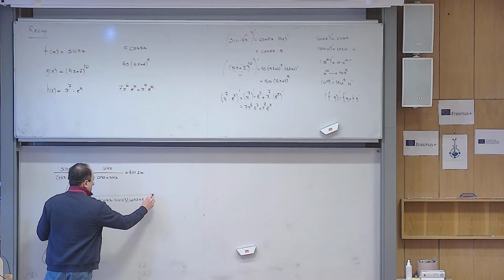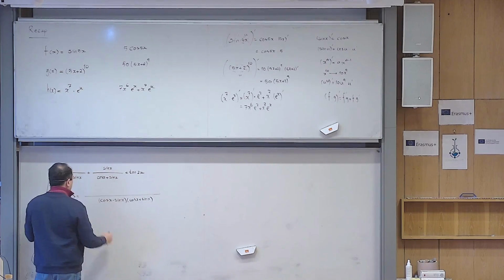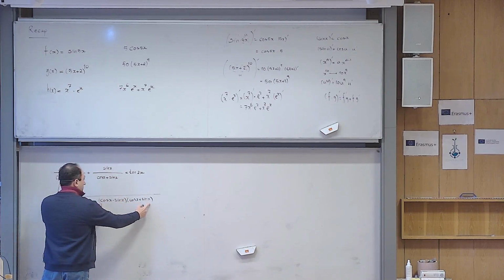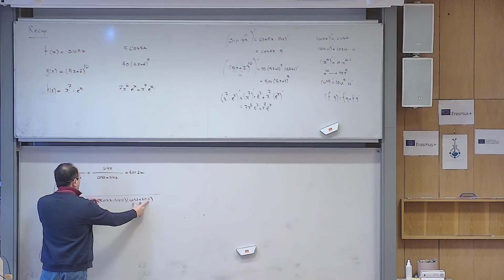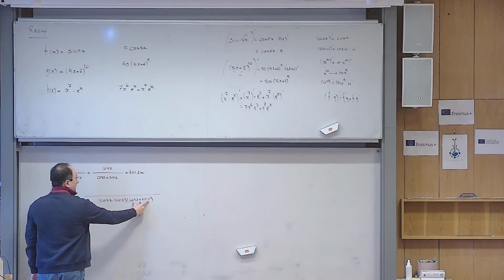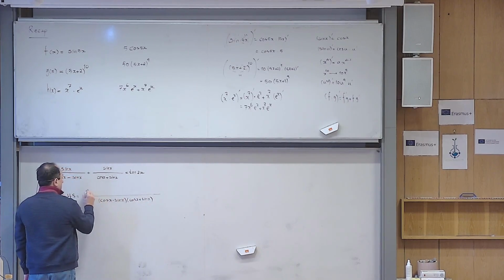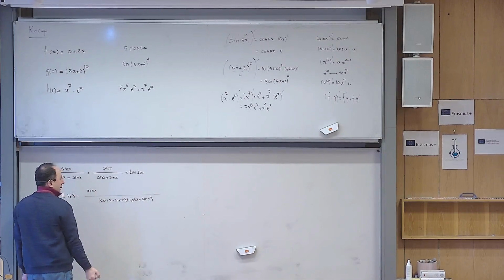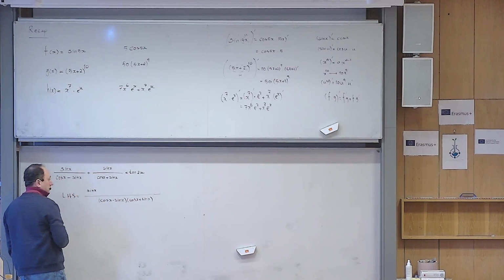Okay. But now I have to start rescaling. The denominator was this one. I wrote it like this. So it means that I multiplied that denominator by that. I have to do the same thing to its own numerator. So I take the numerator of that one and multiply it by the extra factor that I multiplied its denominator by.